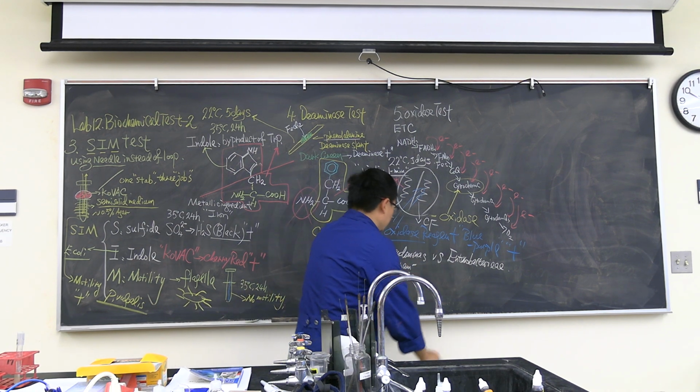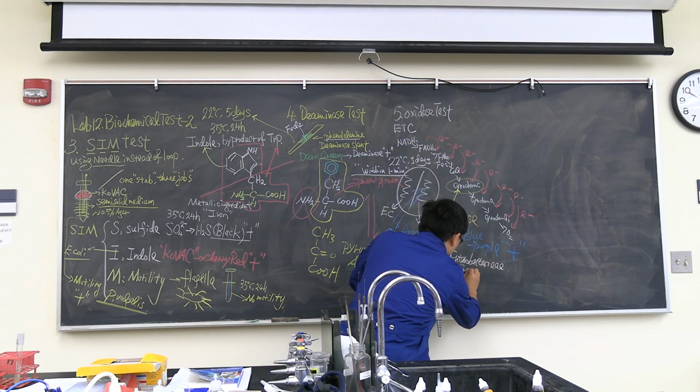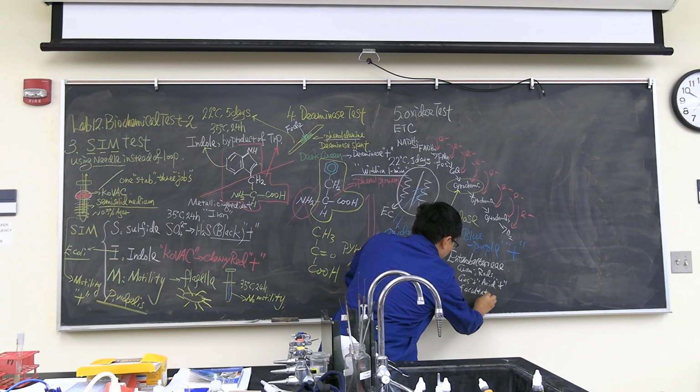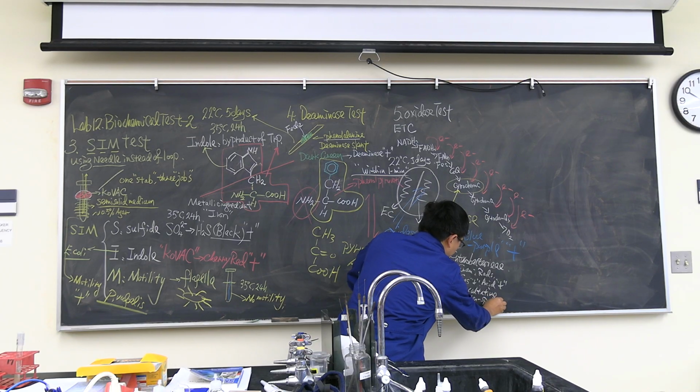And the Enterobacteriaceae basically is gram-negative rod, gas fermentation positive, acid fermentation positive. It is also, we call it a facultative, and the non-spore forming.